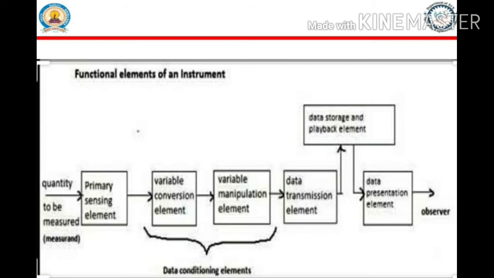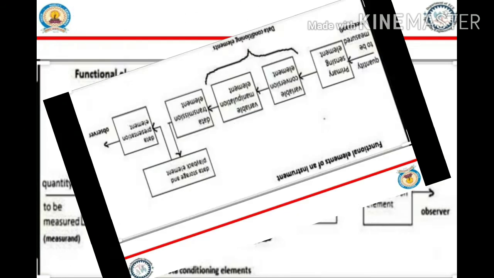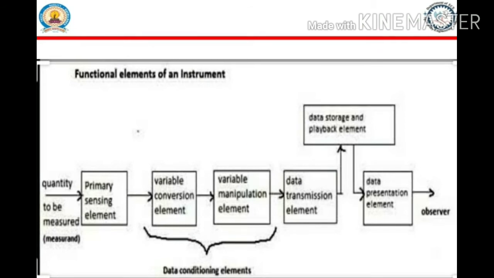So under intermediate stage, the transduced variable, means after transducer operation, whatever the format of the input physical quantity is available with us, it will be processed, it will be adjusted in such a way that you can straight away identify the equivalent value of the physical quantity under measurement. So in intermediate stage, basically you are doing some kind of manipulation on a variable or signal.